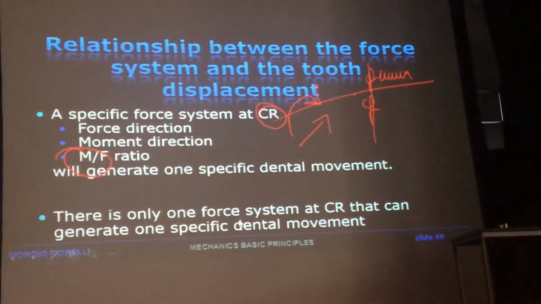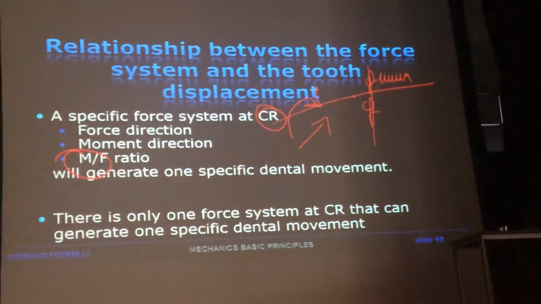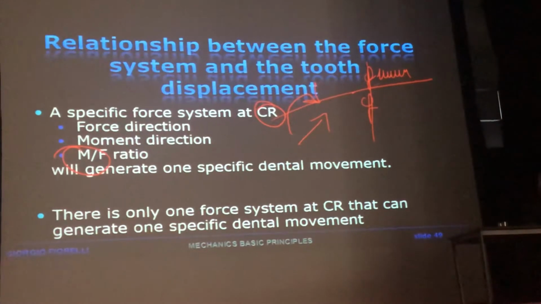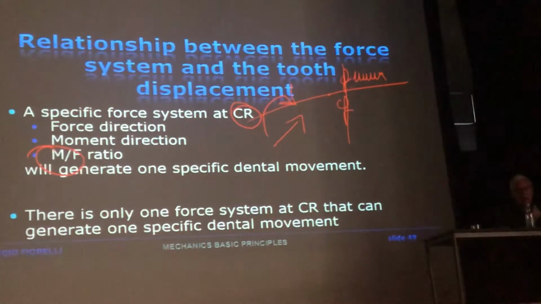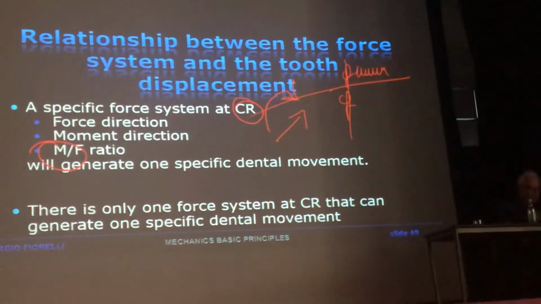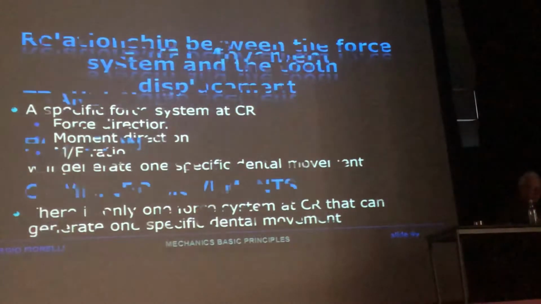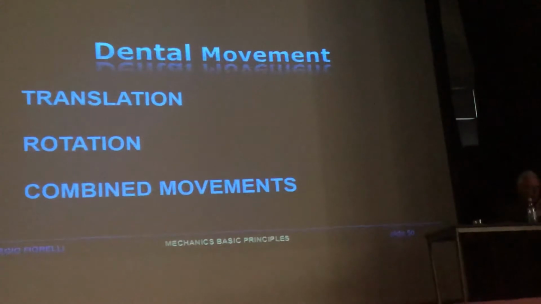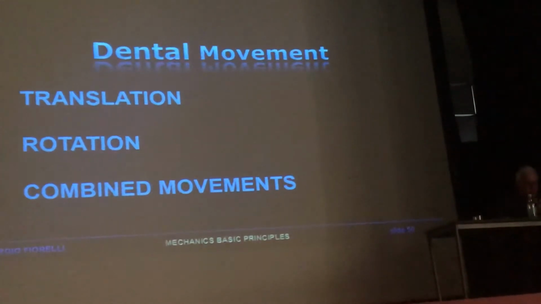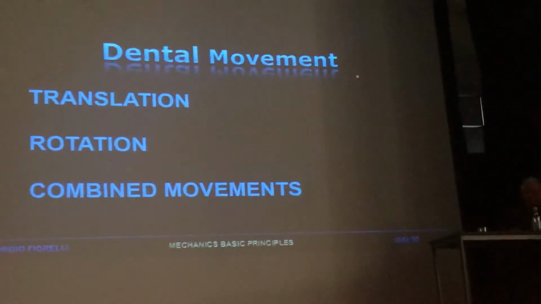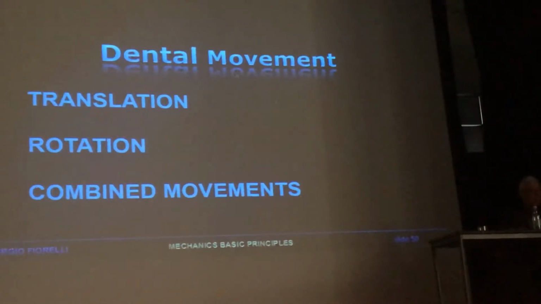Once we know these three things, we have what we call a qualitative force system, which does not include the absolute magnitude of these two vectors. And that's what we're looking for, a qualitative force system. We have to relate this qualitative force system to any possible dental movement.